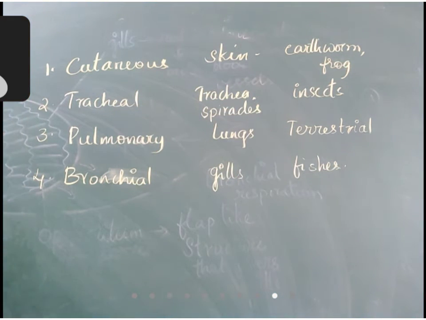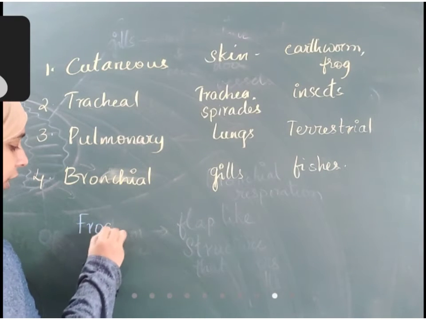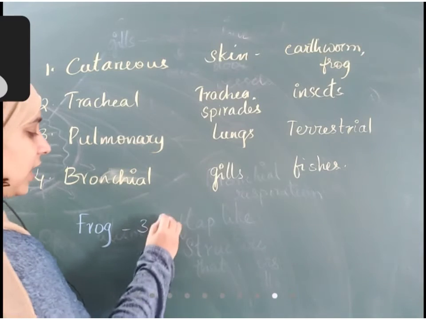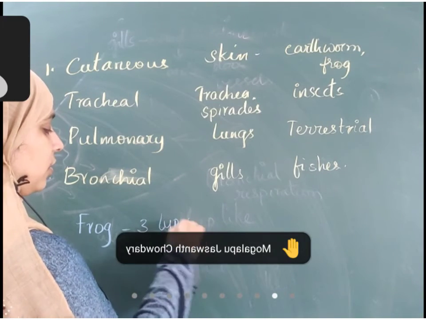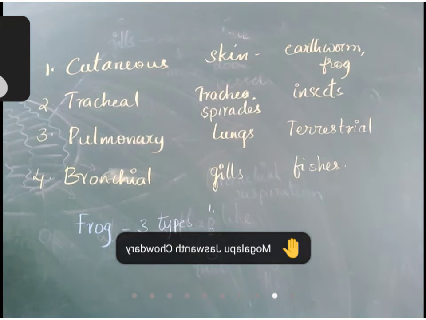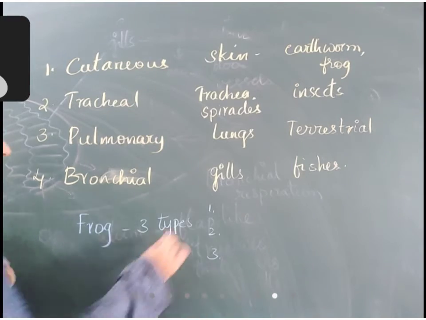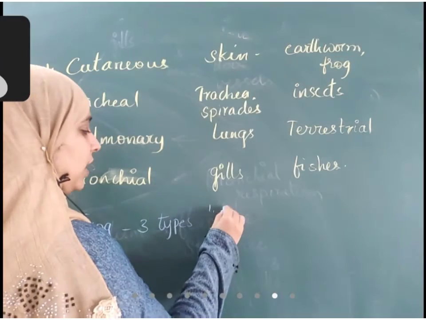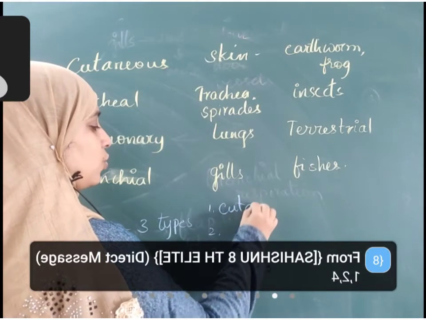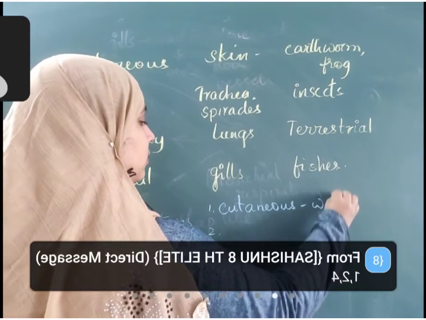Now I'll tell you one important thing about respiration in frog. In frog, there are three types of respiration. Can you guess what they are? What are the three types of respiration in frog? First one is cutaneous respiration, which occurs through skin when it is present in water.